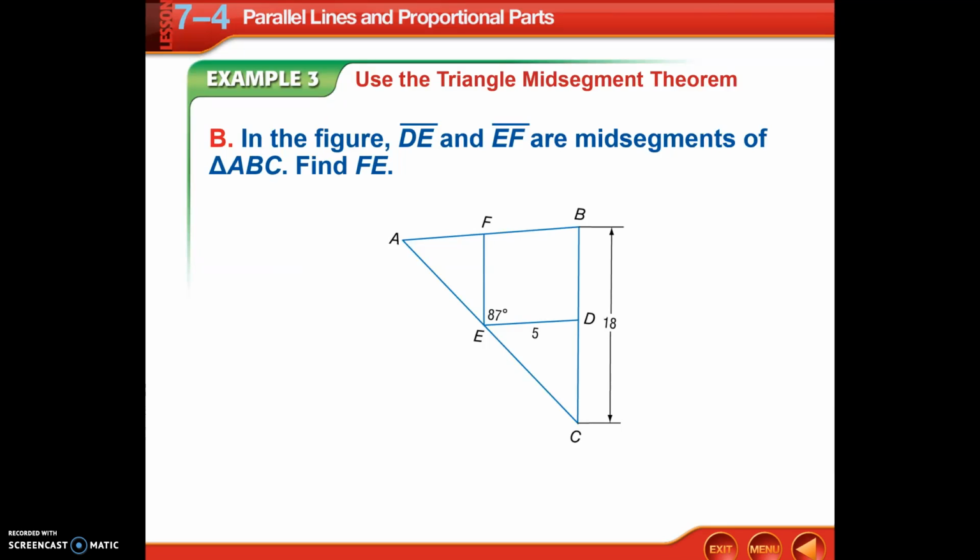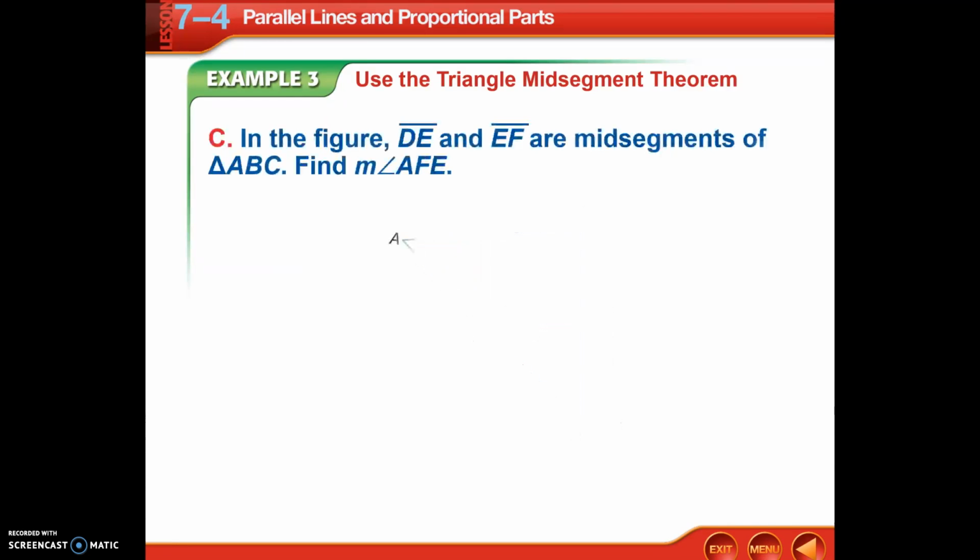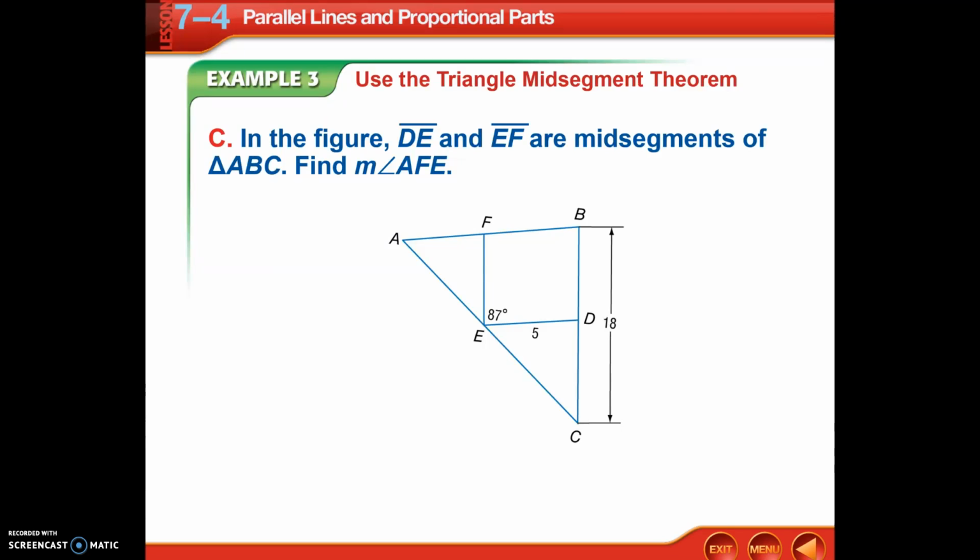Next, we want to find FE, and it's a mid-segment, so it is half of the side opposite of it, so of BC. And BC is 18, so this would have to equal 9. And then angle AFE, because these are proportional and it's a mid-segment, that makes these lines parallel.